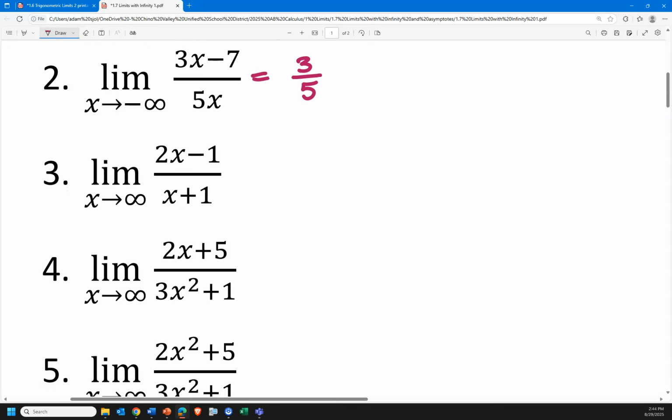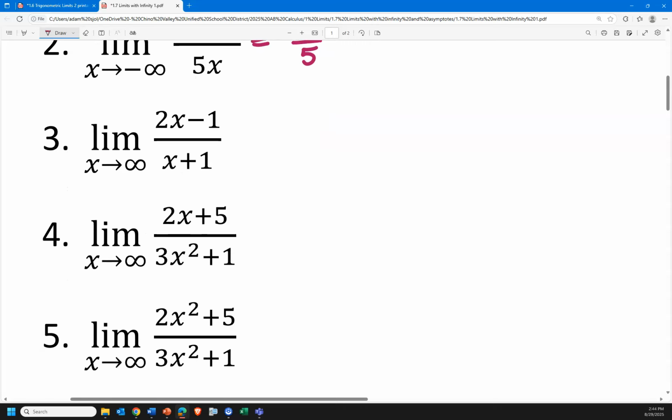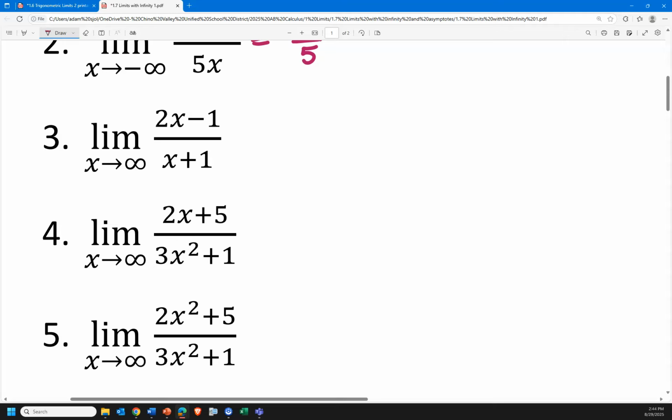I'm assuming you look at number 3, the limit as x approaches infinity of 2x minus 1 over x plus 1, and can guess that it is 2.